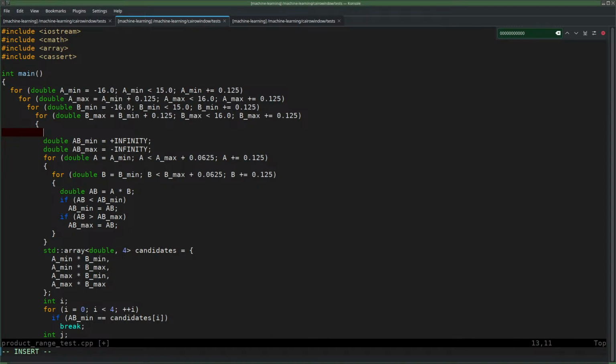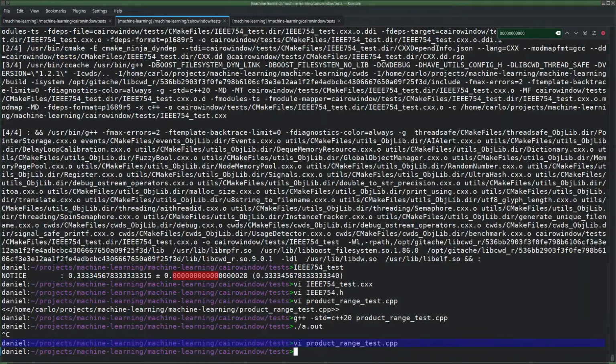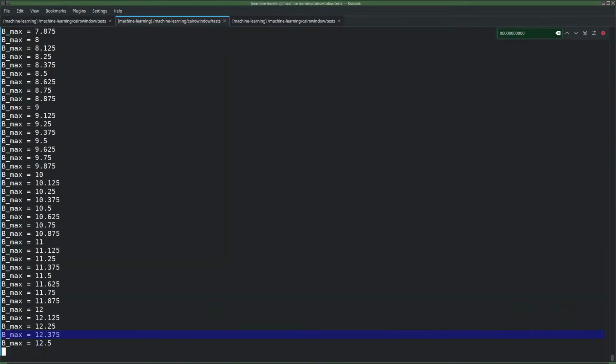B min, B max, A max is that, B min, A max, looks good. Okay, definitely runs there.